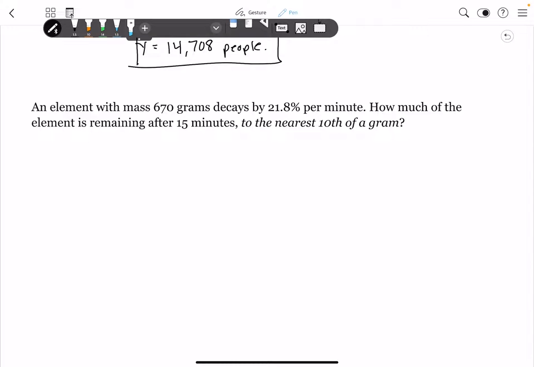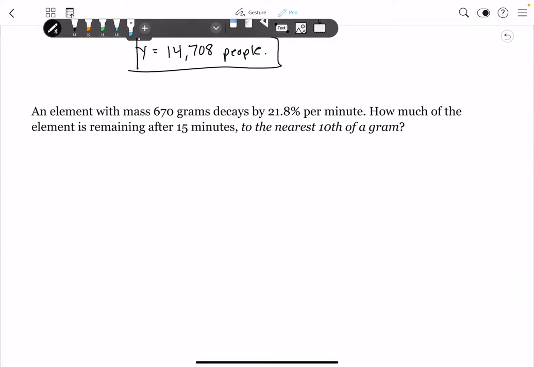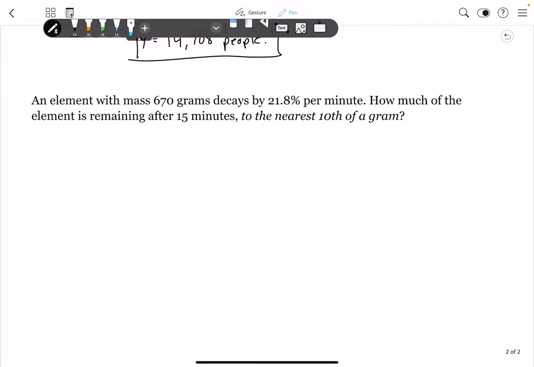All right, so this is something that you'll talk a lot about in physics if you go on to take more physics. This is decay that's happening over time. So often elements decay over time by emitting radiation. This element, its initial mass is 670 grams, and it is decaying at a rate of 21.8% per minute.